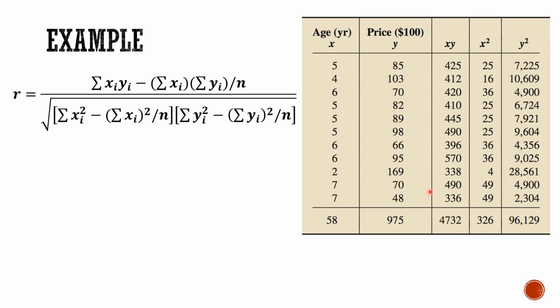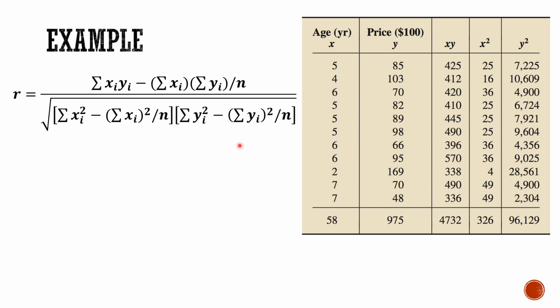Now in the second term of the numerator, we have sigma x, the sum of all the x values. So we sum up our x column, and we came up with 58. And then also sigma y, the sum of all our y values, which gave us 975. In the formula, we'll multiply these two and divide by our sample size, which in this case is 11.